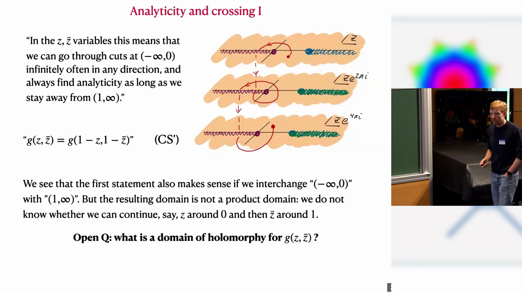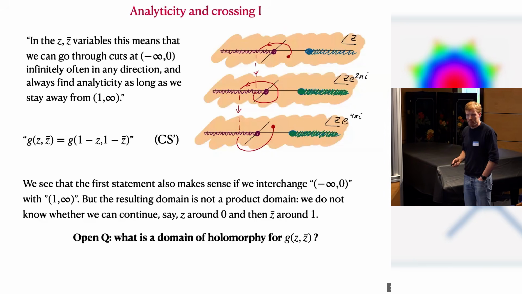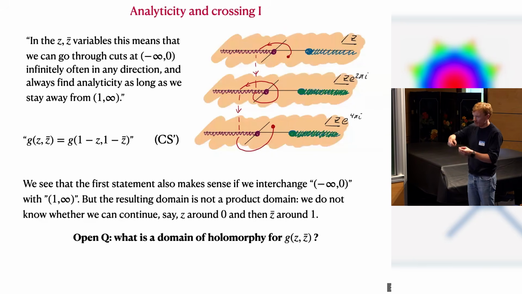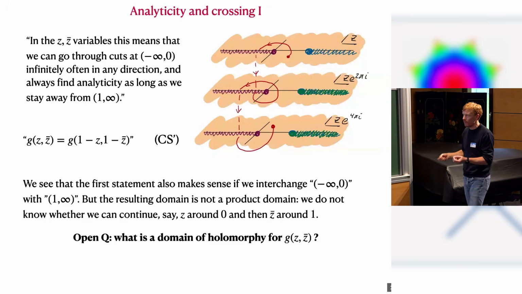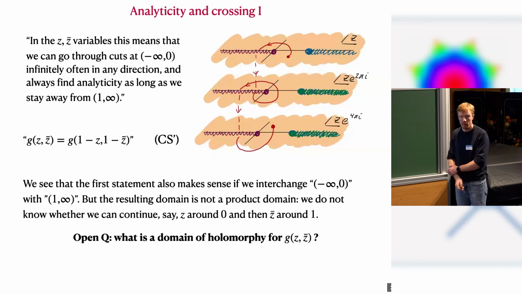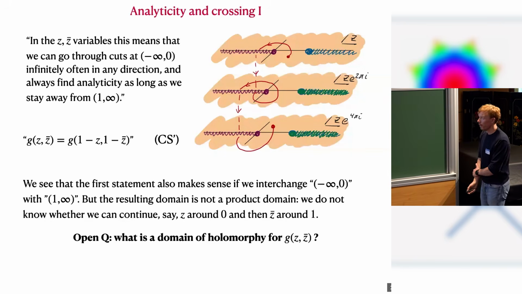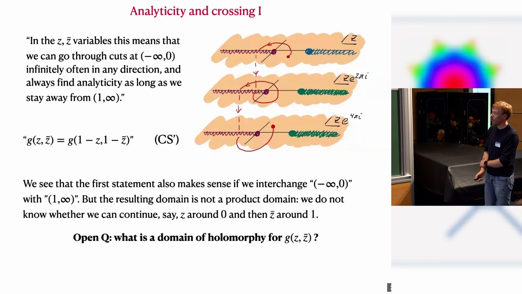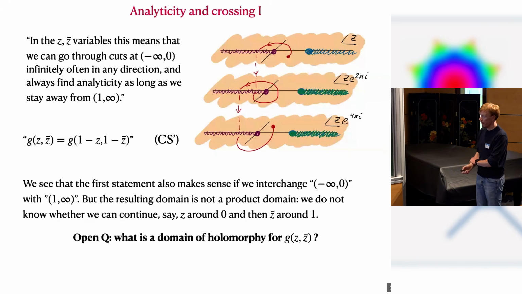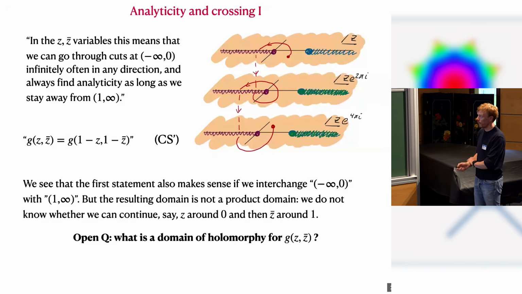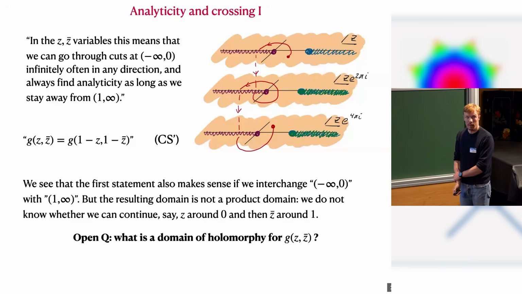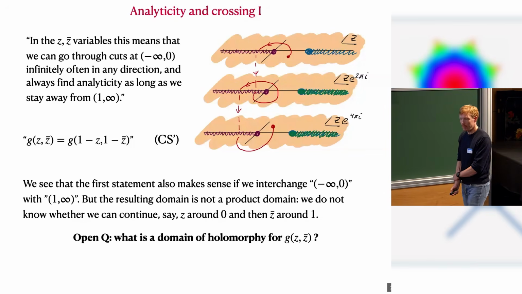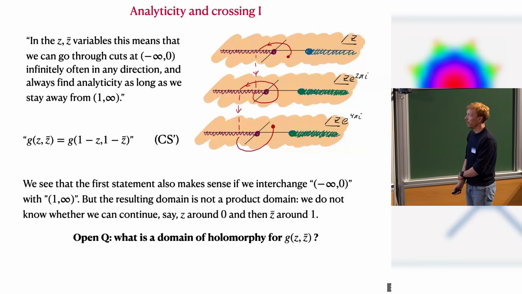To keep control, you would need two different decompositions. As you send z bar around 1, you lose one decomposition, and as you send z around 0, you lose the other decomposition. So you don't have a convergent decomposition there. So it's fairly clear that the domain that we get in this way is not a product domain, and we don't really know what happens if we go into these weird regions.